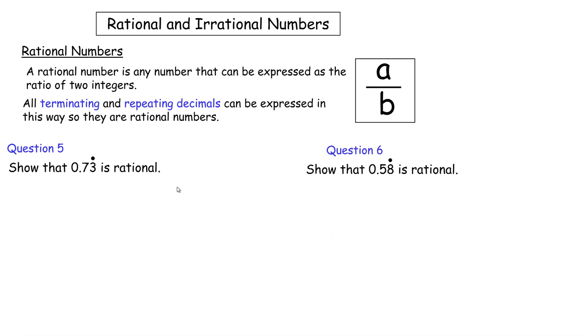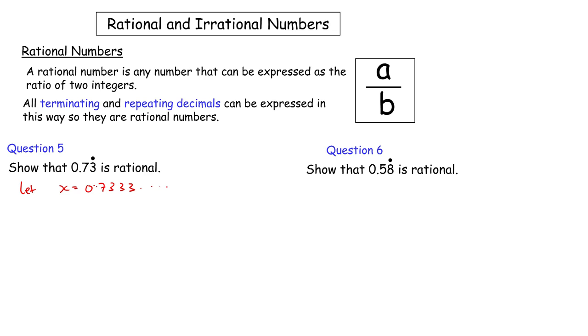So these are 2 slightly different types of examples. So let's go through question 5 together, and then maybe you can have a go at question 6. On question 5, it says show that 0.73 recurring is rational. So as usual, we let x be equal to 0.73 recurring.